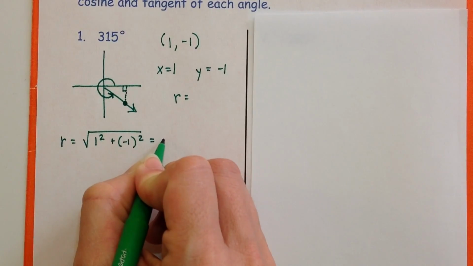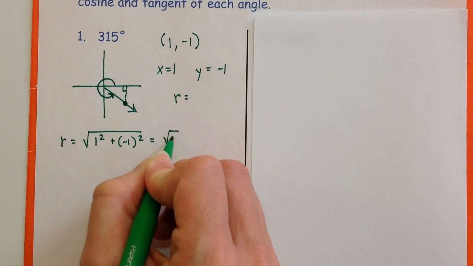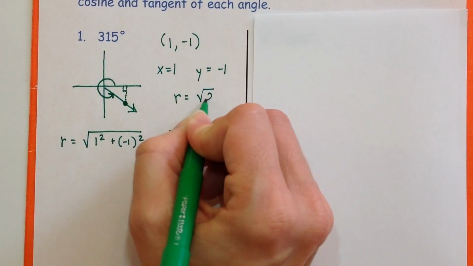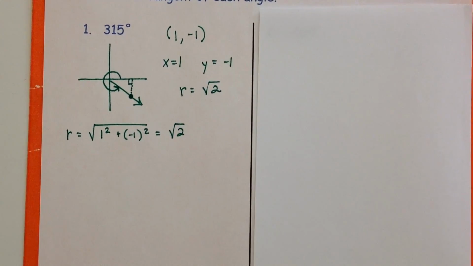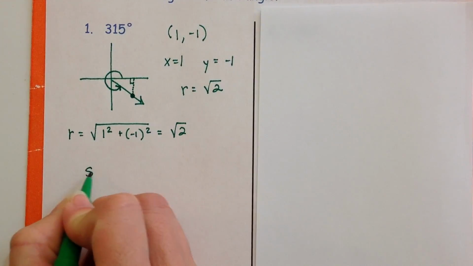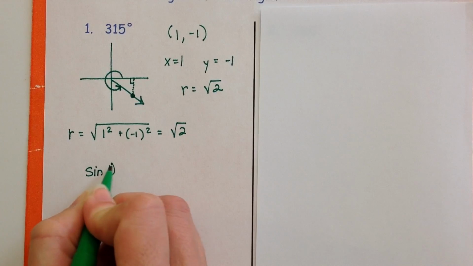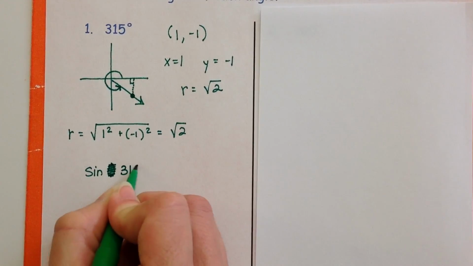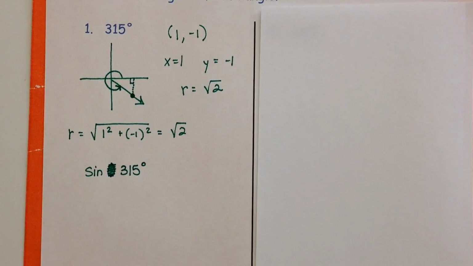So I'm going to end up with square root 2. Now we're only finding, remember, sine, cosine, and tangent. This is the same as it was a while ago. This time, instead of using the theta symbol, I can actually put the 315 because I know what the measurement of my angle is.